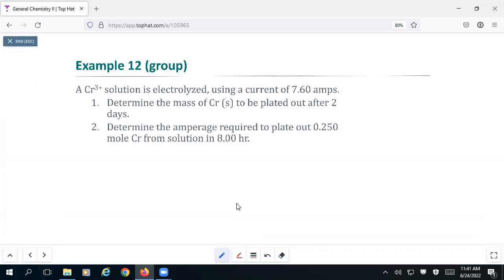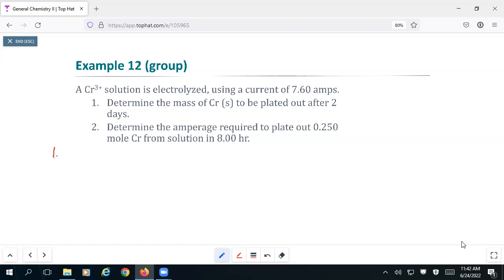All right, let's take a look and see how we did. So for the first one here, it plays out very similarly to what we did in the first example problem. We have a time, 2 days, and we have a current, 7.6 amps. We need to convert that into a mass.